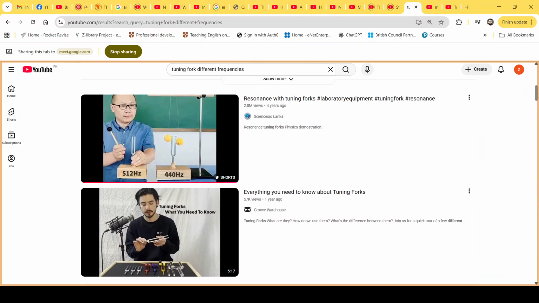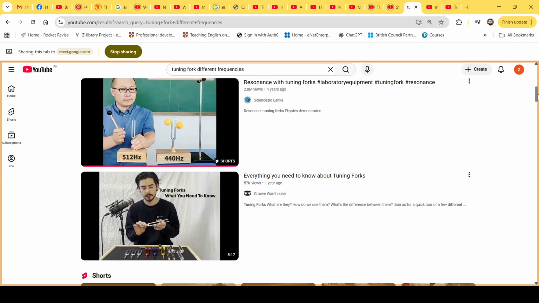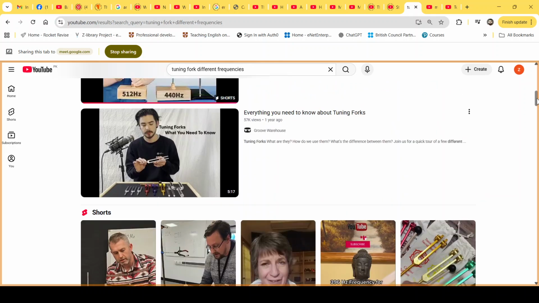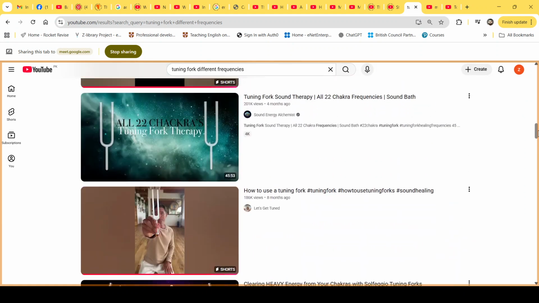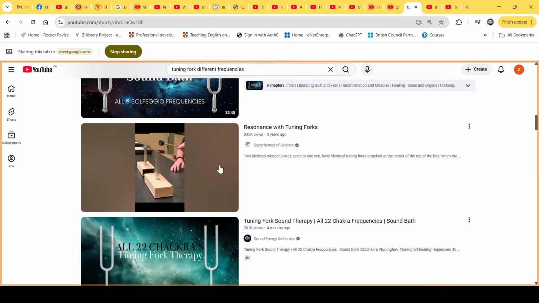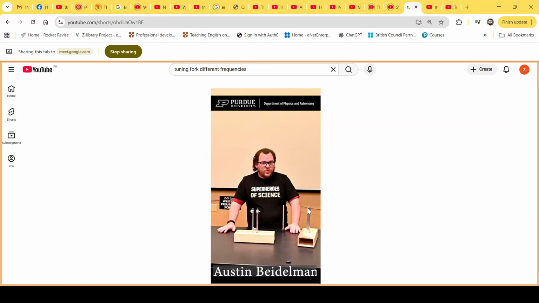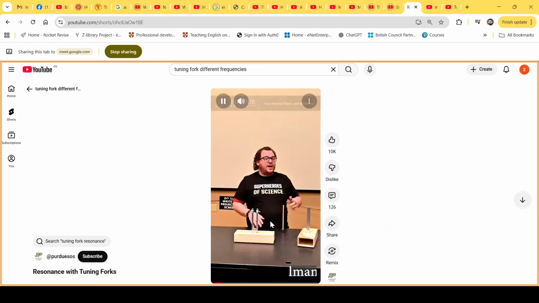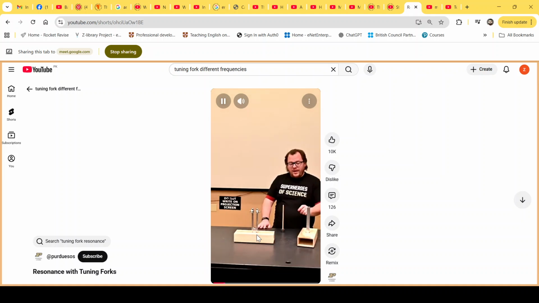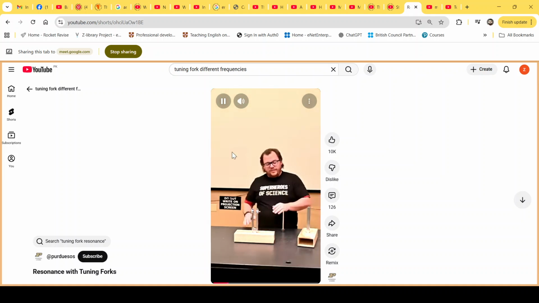Now they've got chakras and stuff, and I don't know. So the one I actually pulled up was this one. This is talking about resonance, which is not the demonstration we're talking about today. What happens when an object is forced to vibrate at its natural frequency?